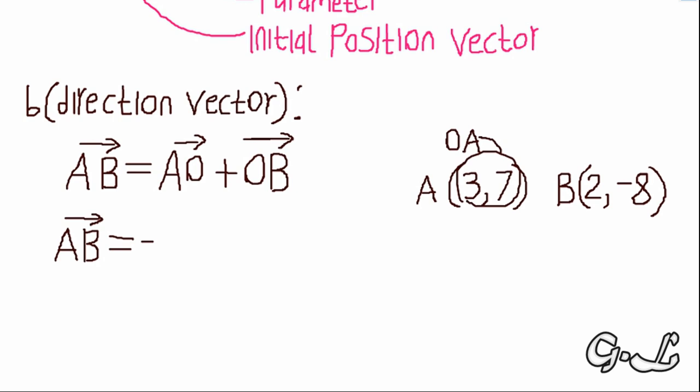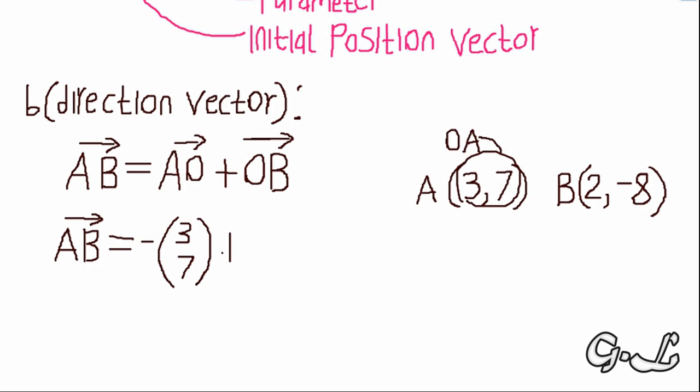So we are going to put the negative there, and then in the brackets represent 3, 7 in column vector form. The position vector OA is 3, 7 in column form. Now if OA is 3, 7, what about AO? This will simply be the reverse form. That is the reason why there is a negative there.